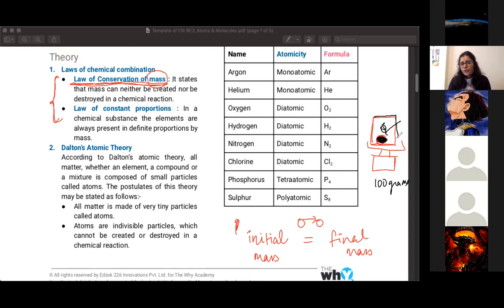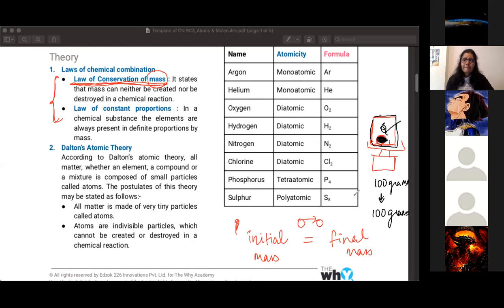Now I took a closed box because I don't want the smoke to escape and the ash obviously will remain over there itself. Then if I weigh the box again after burning the coal, the weight should be 100 grams only. So the total mass before a reaction should be equal to the total mass after a reaction. That is the law of conservation of mass. It states that mass can neither be created nor be destroyed in a chemical reaction.